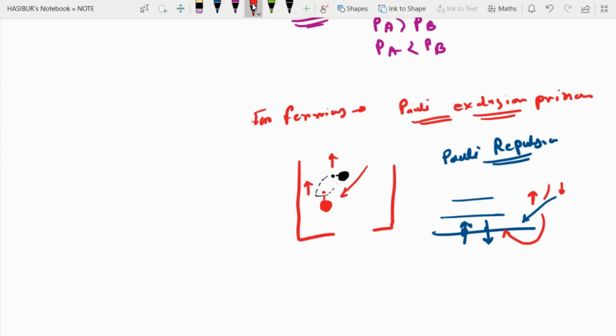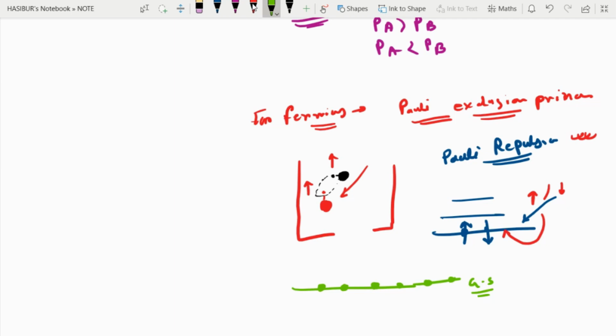In layman's language, I am trying to explain. So there is a Pauli repulsion present for fermions, but for bosons there is no such force. Therefore for bosons there will be an attractive nature of force, since any number of particles can take place in the ground state.